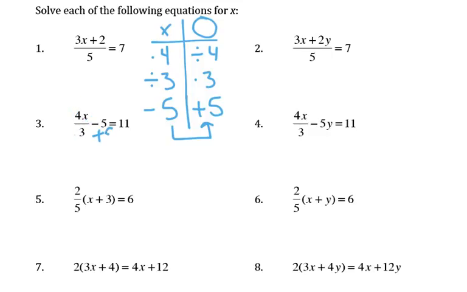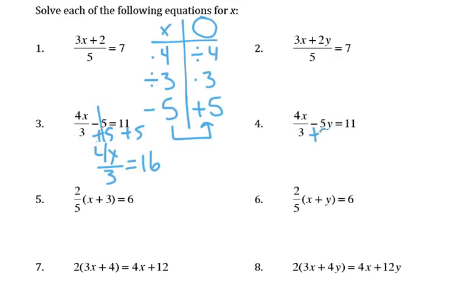So, I add 5 to both sides, because if I do it to one, I do it to the other. It becomes 0. We eliminate it. 4x divided by 3 equals 11 plus 5, 16. Let me rewrite that. Number 4 over here, same setup, it's just 5y.